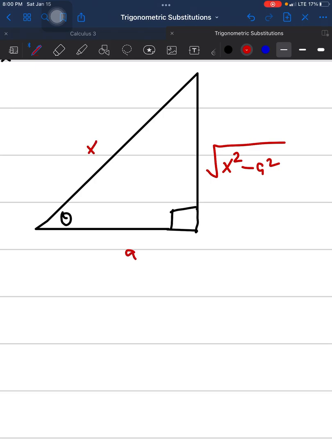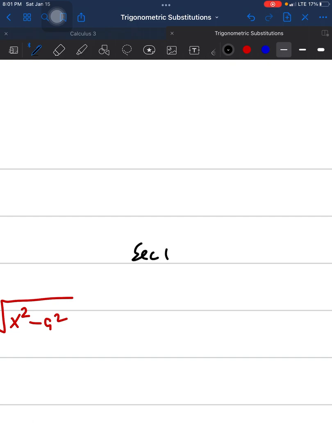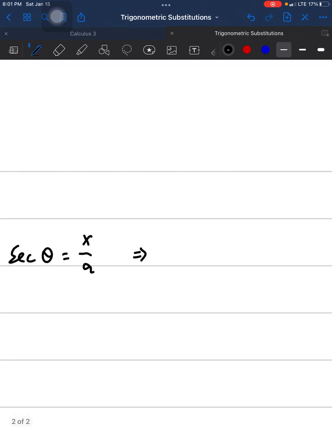So we can do x over a, and when we do this, we get secant theta is equal to x over a.